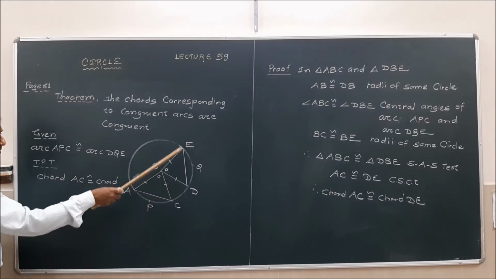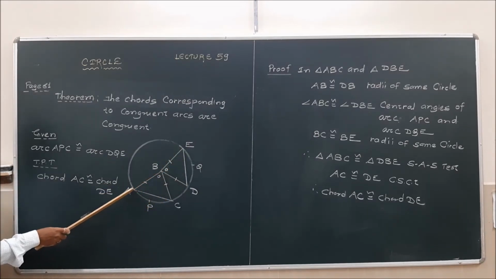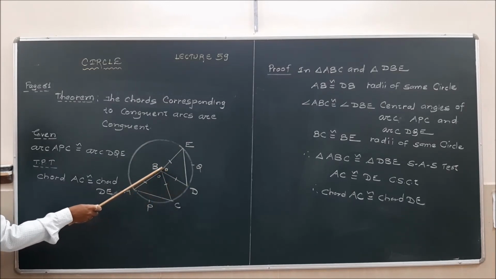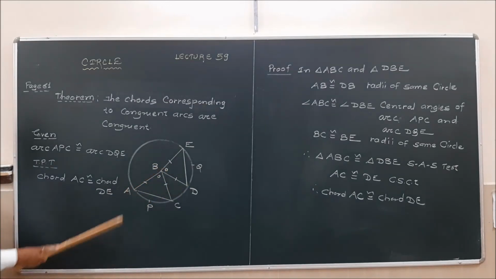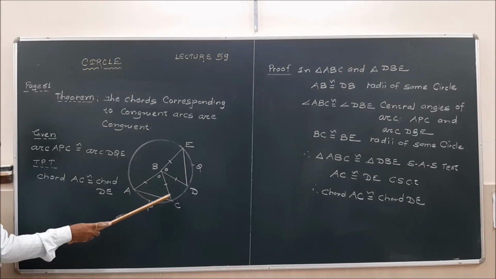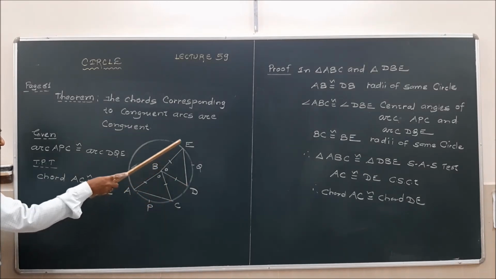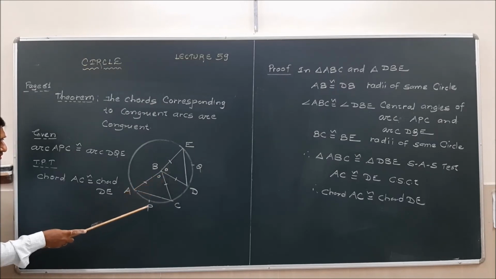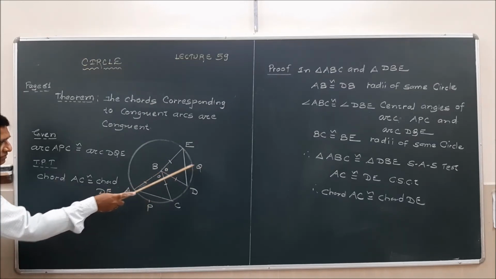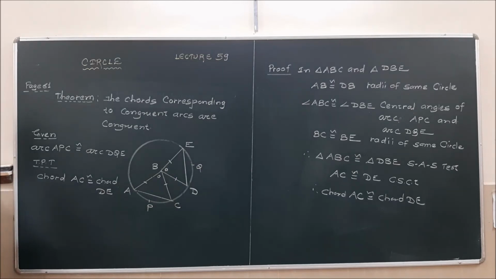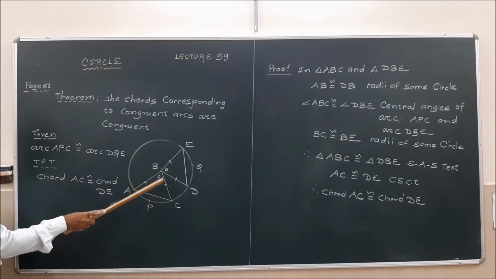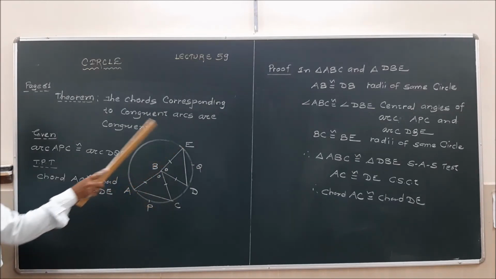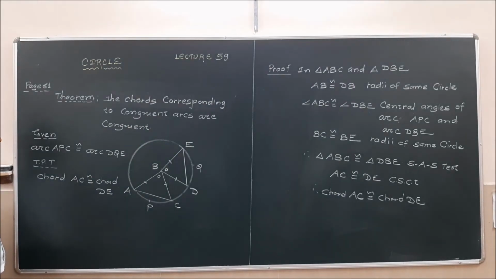So given arc APC is congruent with arc DQE, to prove that AC is congruent to DE. In triangle ABC and in triangle DBE, AB is congruent to DB, radii of the same circle. Angle ABC is congruent with angle DBE, these are corresponding central angles of the congruent arcs. Therefore, these two angles are congruent. Next to that, BC is congruent to BE, reason being that they are also radii of the same circle.